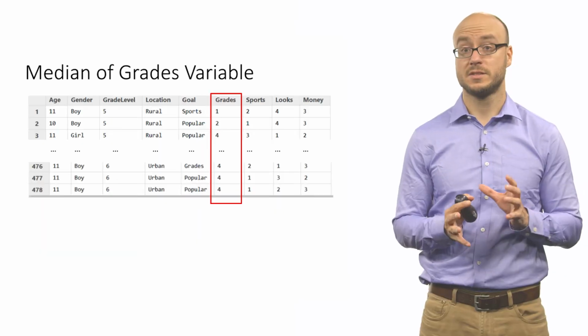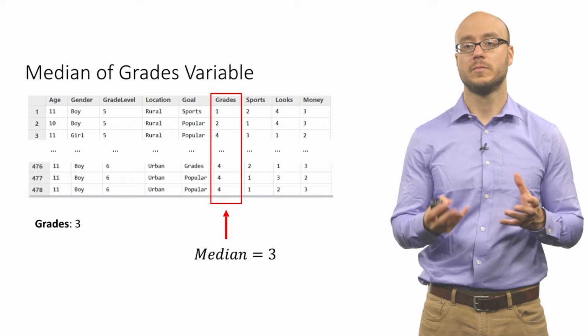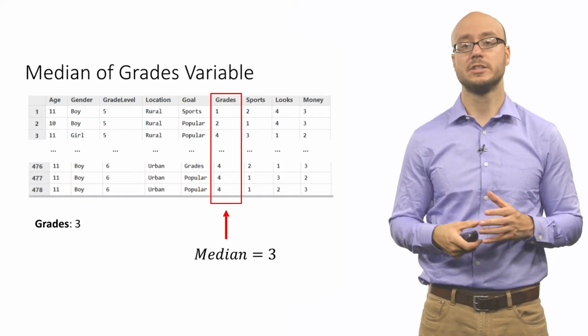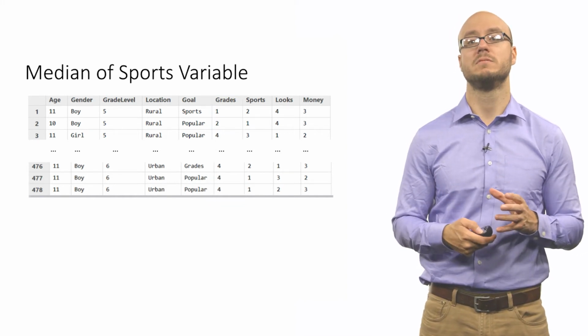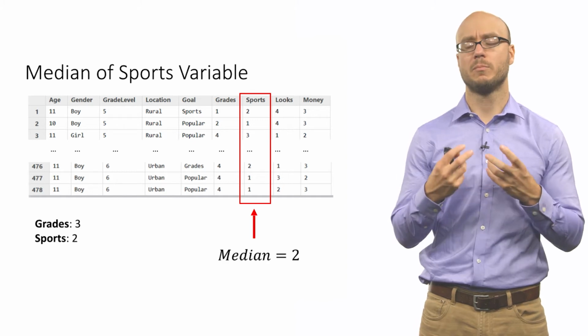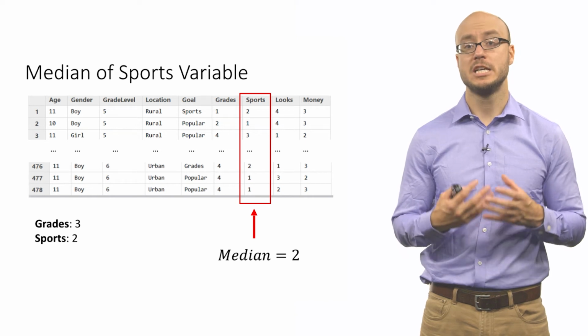Now we're going to use statistical software. When you use statistical software, it'll just calculate it automatically, so you don't actually have to rank the variables or do any calculations. But in our statistical software, the median for the grades variable is 3. The median ranking for the sports variable, the importance of sports in terms of popularity among kids, is 2.